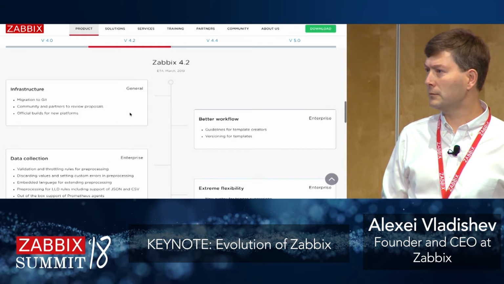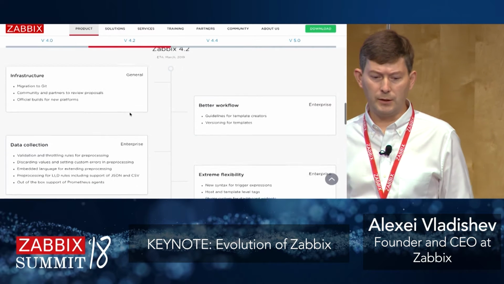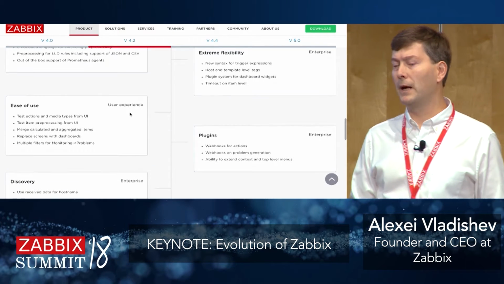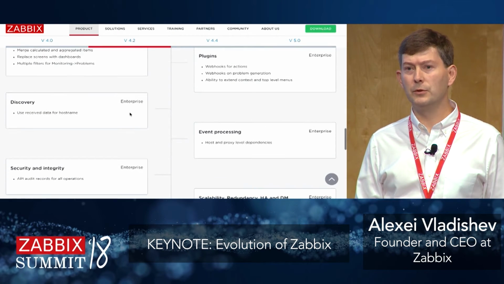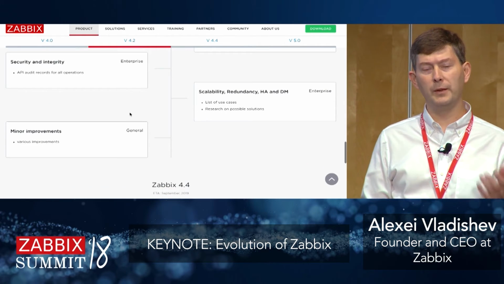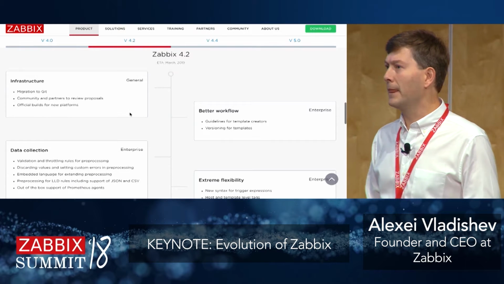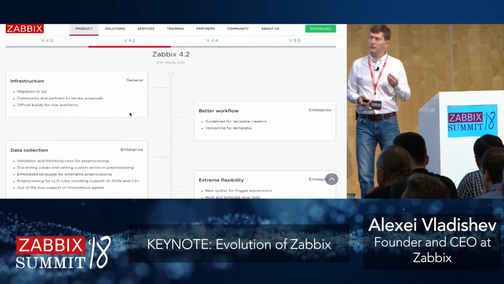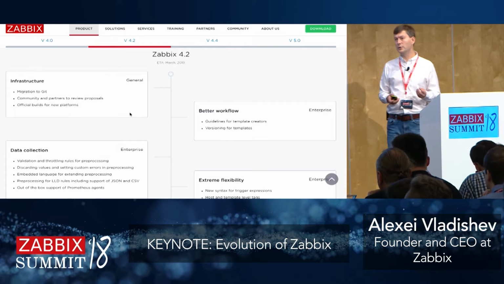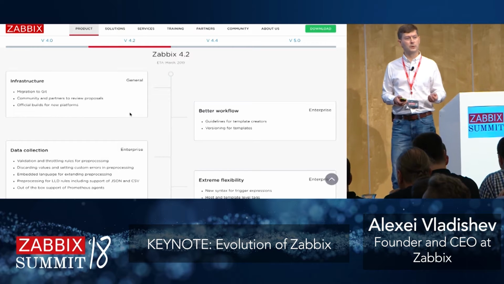There are many features included in 4.2, and I will go through some of them. This is our intention, what we want and believe will be included in 4.2. I have a goal: I want the features we develop in Zabbix to be delivered to users as soon as possible.